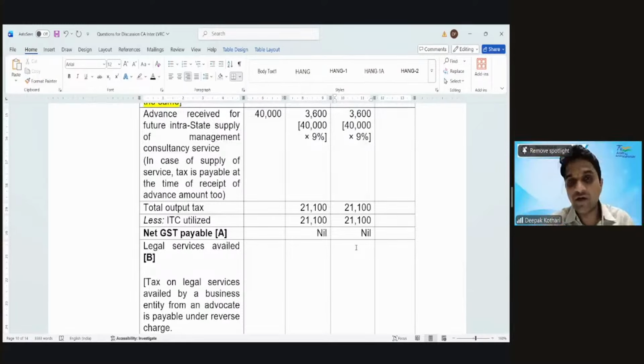So I've utilized, out of 27,200, I've utilized ITC of 21,100 each.